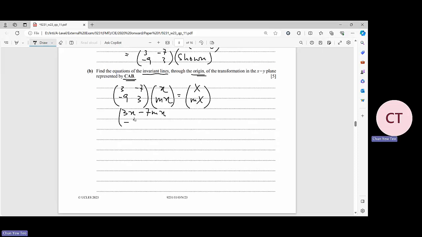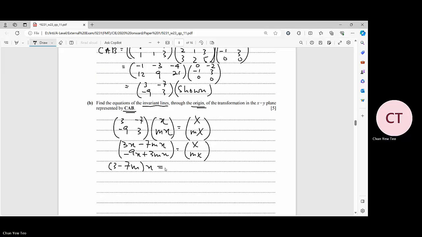Negative 9X plus the 3MX is equal to the X and then MX. So if you compare them like this, then this one is negative 9 plus 3M.